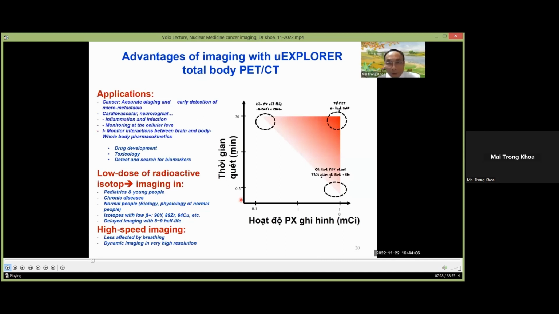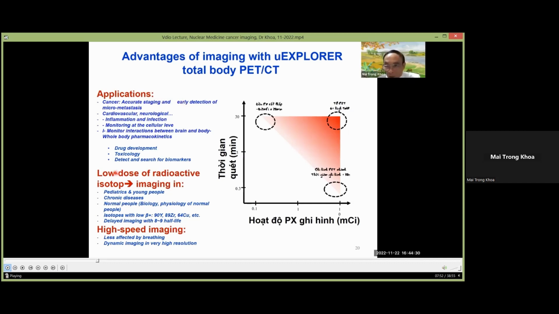And it is easy to realize the advantages of the total body PET-CT, such as, firstly, application to many clinical fields such as oncology, cardiology, neurology, pharmacokinetic research.